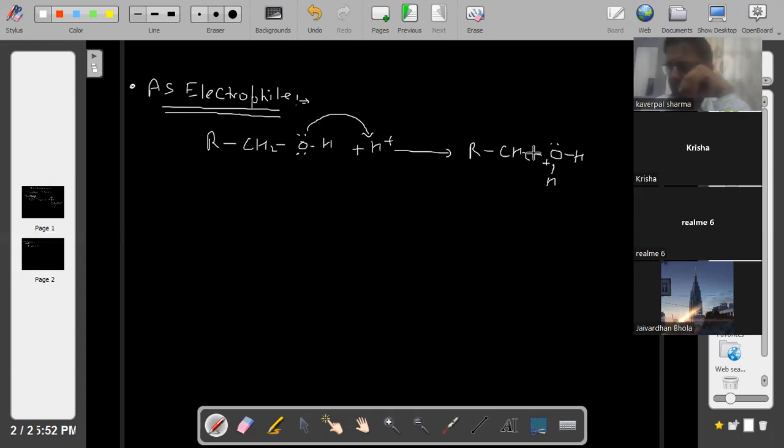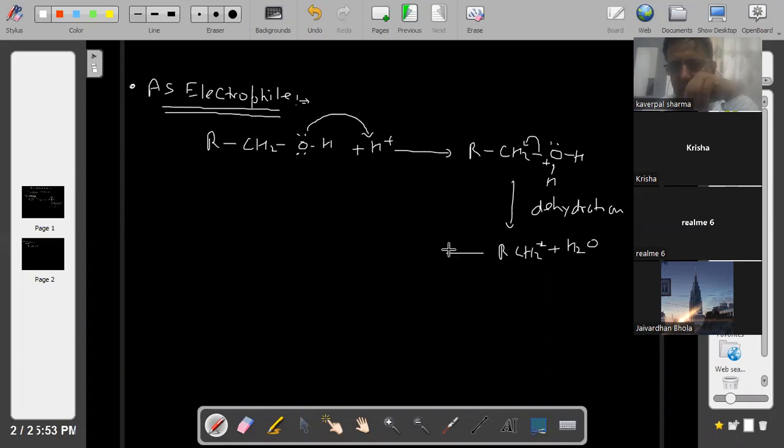Now these protons will be shifted to another compound. This is shifted to this, and H2O moved out. R CH2 plus and then H2O. That is dehydration. Dehydration takes place.